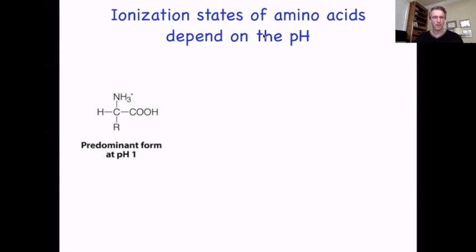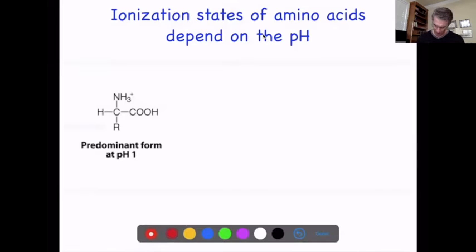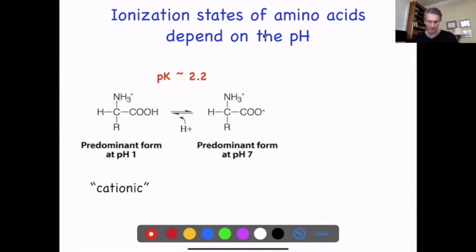And when they're protonated, the carboxylate group is, of course, neutral, and that alpha amino group is then carrying a positive charge. This is therefore known as the cationic state of the amino acid. It's positively charged. Okay, so how about if we raise the pH, right? And the pK of that alpha carboxylate group is going to be somewhere between 2 and 3, right? And as we raise the pH, that carboxylate group is going to deprotonate.